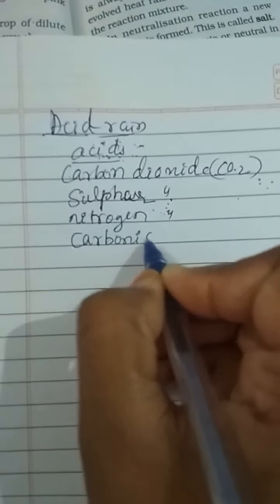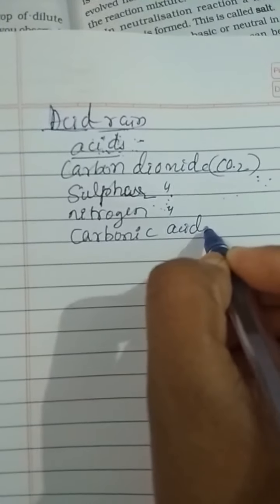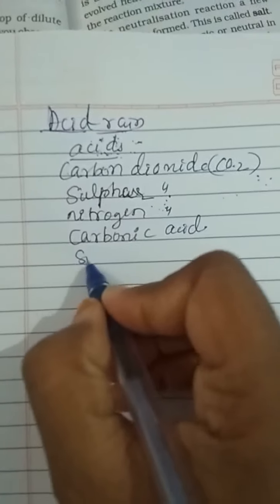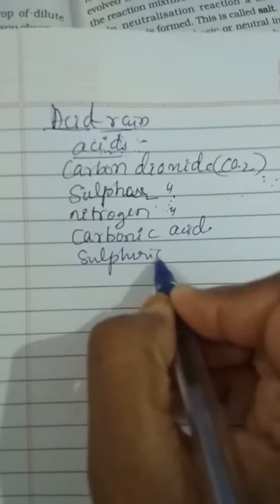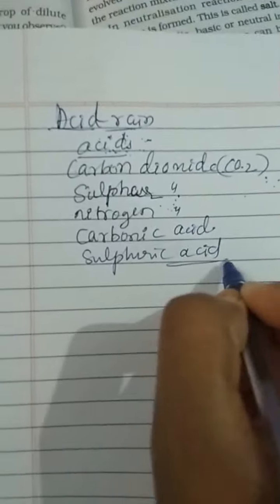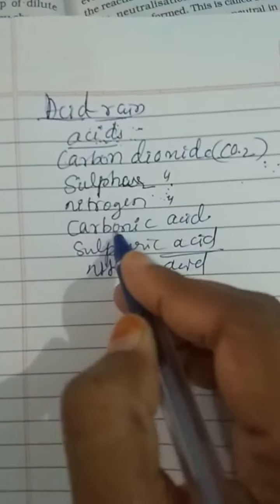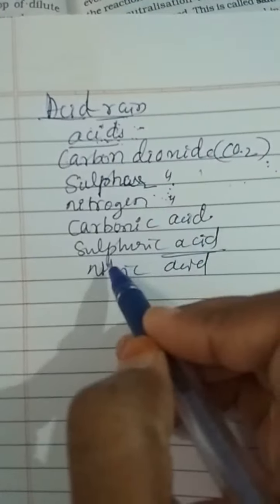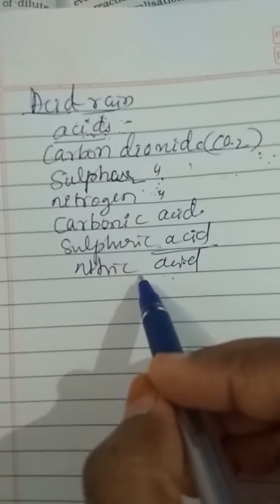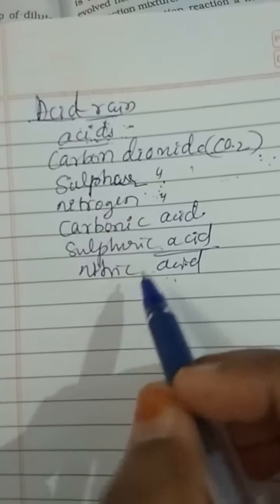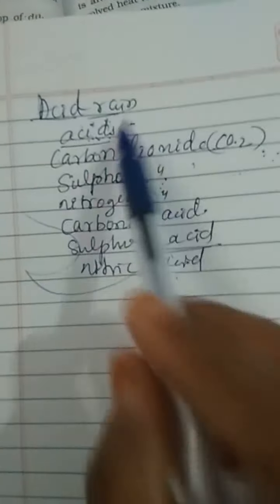They form carbonic acid, sulfuric acid and nitric acid respectively. Acid rain can cause damage to buildings, historical monuments, plants and animals. So this is about acid rain.